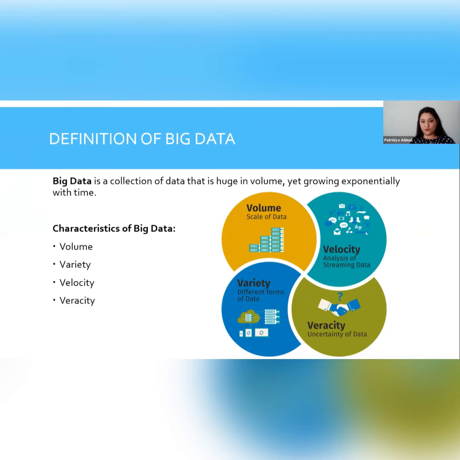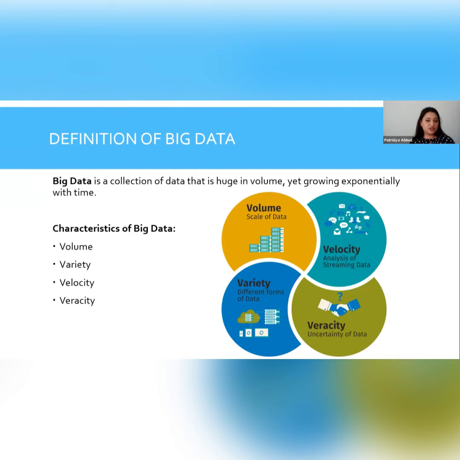We have volume. So size of the data plays a very crucial role in determining value of the data. Also, whether a particular data can be considered as big data or not is dependent on the volume of data. Then we have variety. It's the next important aspect. Variety refers to heterogeneous sources and the nature of data.